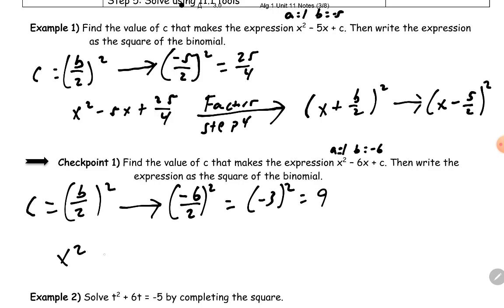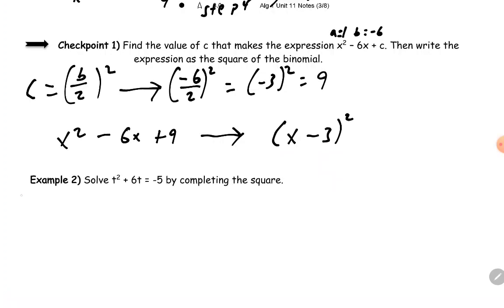So I have x squared minus 6x plus 9, and this is going to factor into x plus b over 2. b over 2, we found out to be minus 3. That's what it factors into.